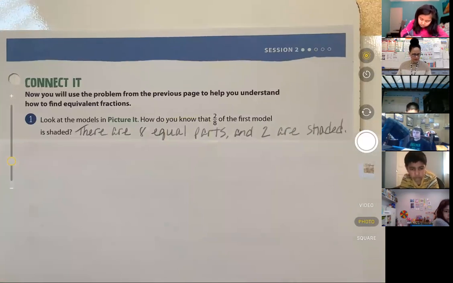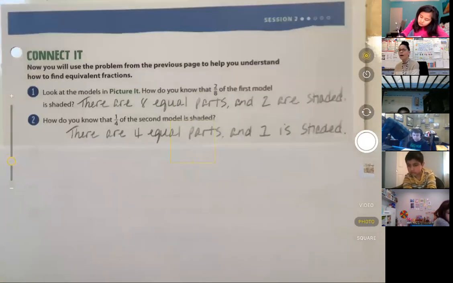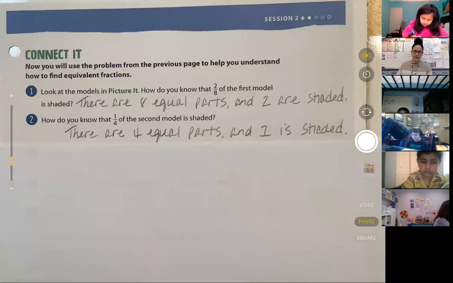The next question is asking, how do you know that 1/4 of the second model is shaded? There are 4 equal parts and 1 is shaded. So again, 8 is Carl, 4 is Trey.